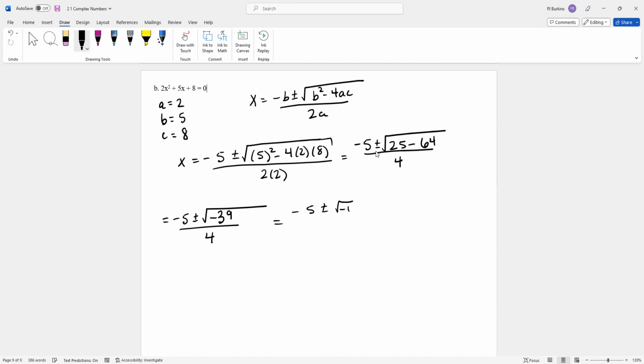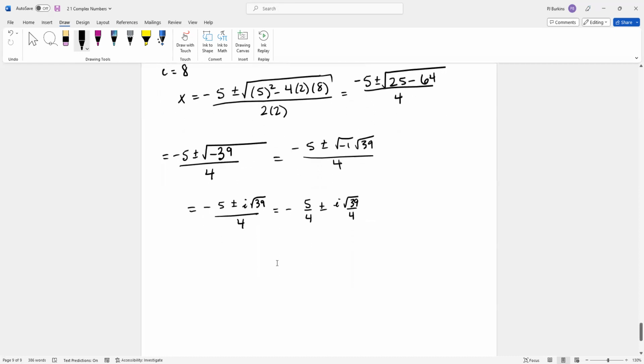Again, I'm going to make this the square root of -1 times the square root of 39. However, this time, the best I can do is leave that radical alone. 39 is not a perfect square. And if I want to break this into two parts, I would do it like that.